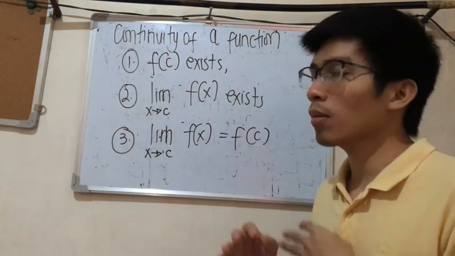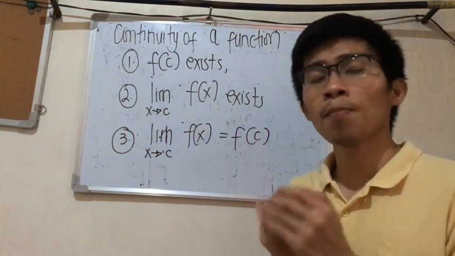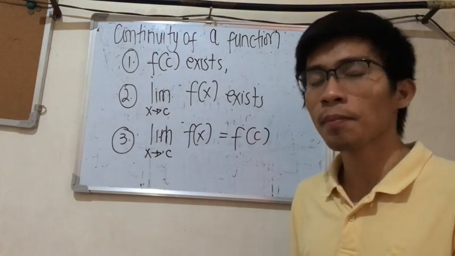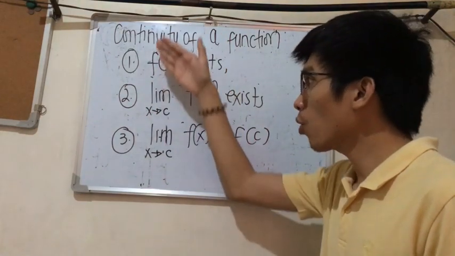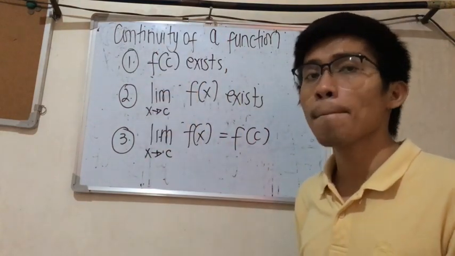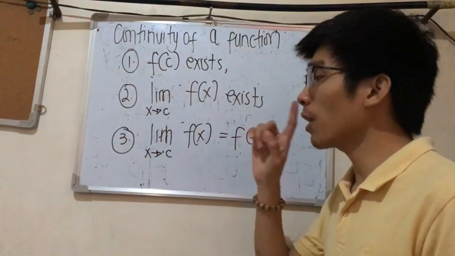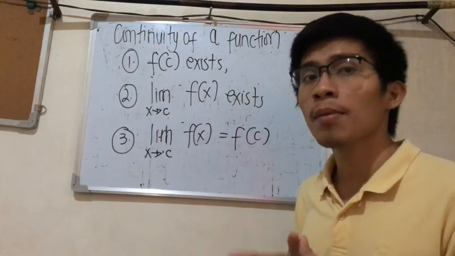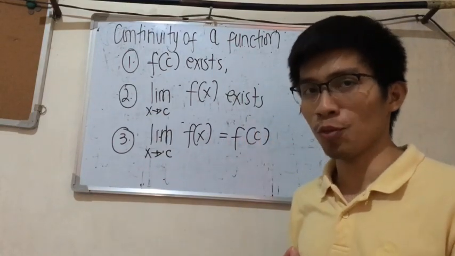Otherwise, if it violates at least one of these following conditions, therefore, the function is not continuous. Again, if the function follows all of these conditions, meaning the function is continuous.